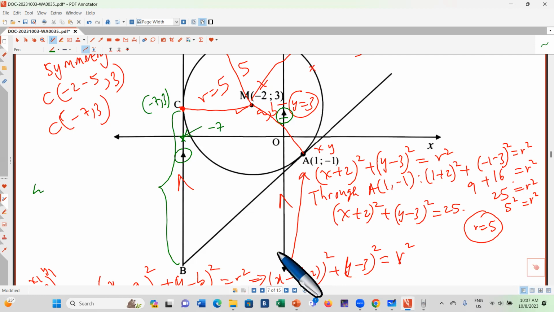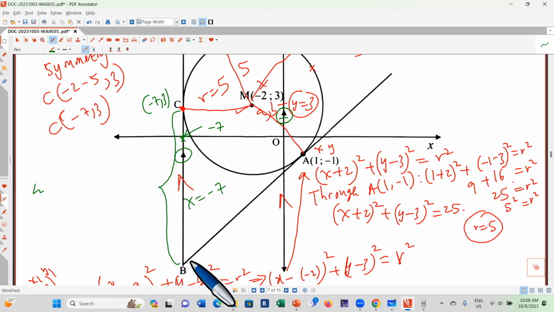With that said, we continue to solve the problem. It means that the x value is the same on the line, and the equation of this line, if the examiner were to ask, would be x equals -7.